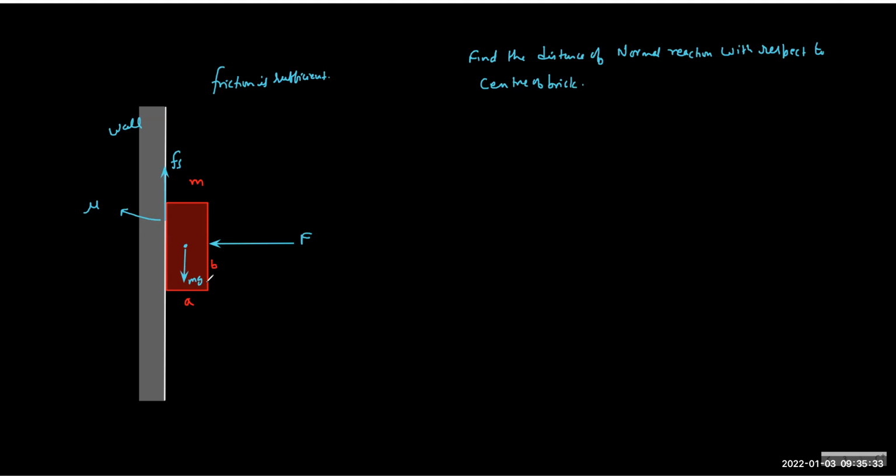So N should be below the center or above the center? We can take anywhere, and then the value of x will give that answer. But can we actually see where this should be without thinking of the equation?